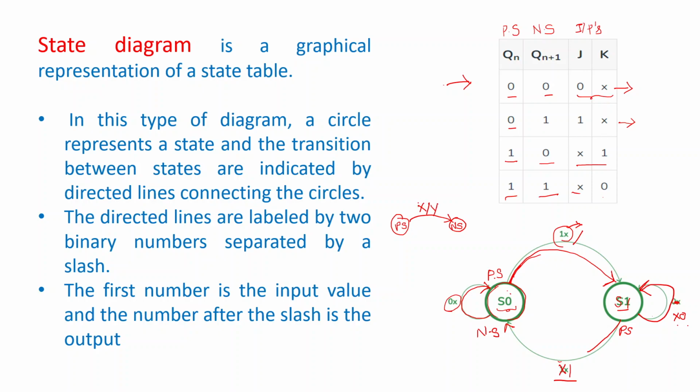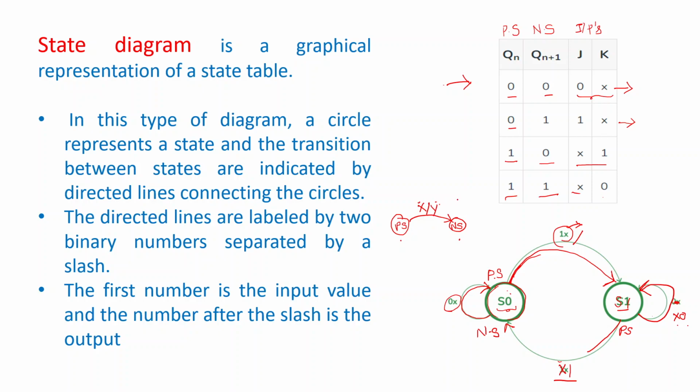This is the present state, x is the input and slash y is the corresponding output. So input slash output. This is the present state, this is the next state for this combination of input, producing the corresponding output.